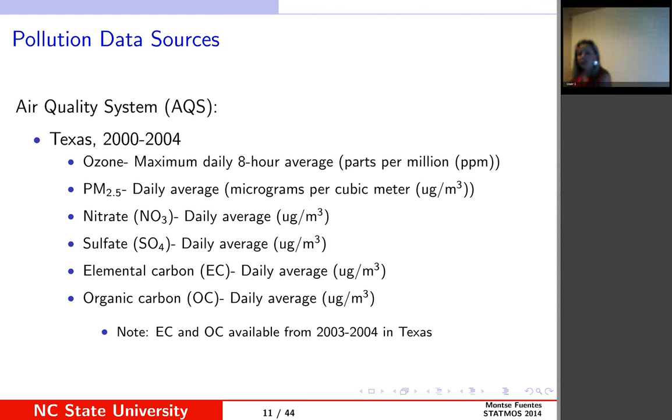So we are going to be looking at the different components, and I list here the most significant components of the total PM 2.5: nitrate, sulfate, elemental carbon, and organic carbon. And we do have access to those components.